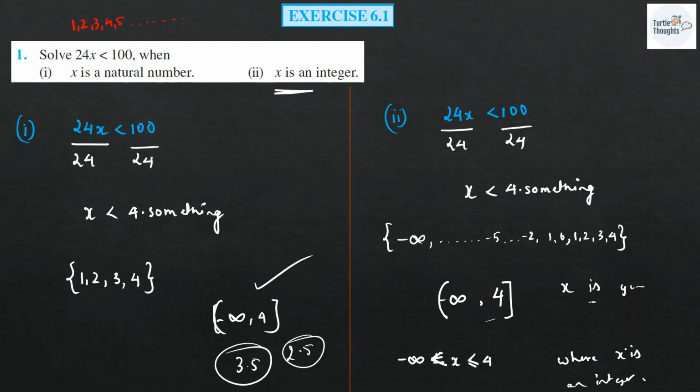Okay, got it? Yes, sir. All right, or you can just mention the solution set as well. Whatever I have done is fine, or you can write it this way. Both are going to be equal.